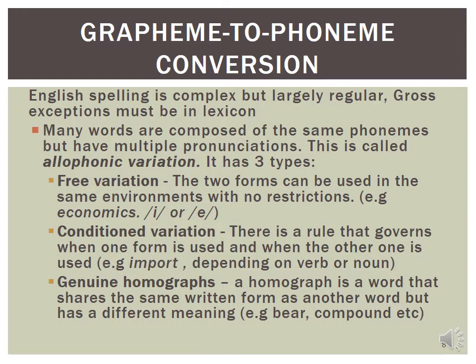That is conditioned variation. And the final way in which allophonic variation manifests itself is in genuine homographs. A homograph is a word that shares the same written form as another word, but it has a totally different meaning. Okay, for example, bear, we have bear the animal, then we have to bear maybe burdens, or to bear a child.